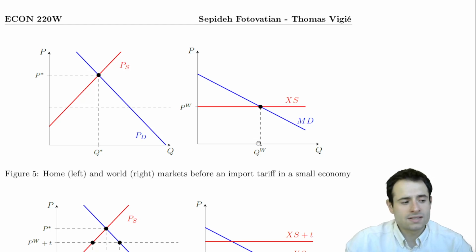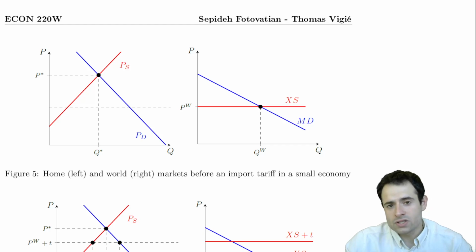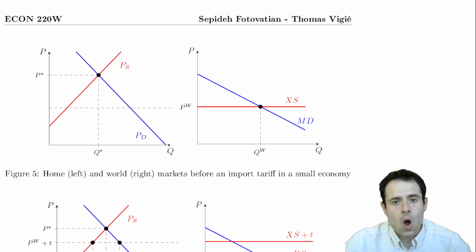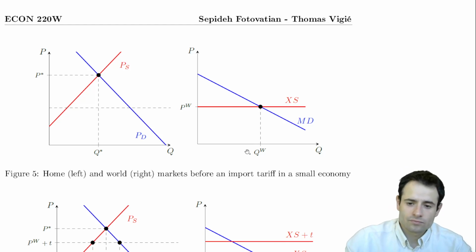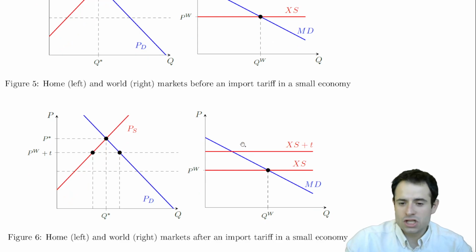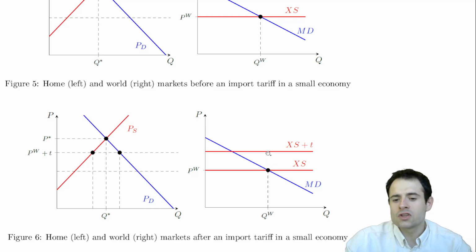Now, let's impose a tariff on imports. So, as said in the lecture, a tariff on imports can also act as a tax on exports. This will shift the export supply curve upwards because now any country that wants to export will have to pay an additional price of T if it is exporting to the home country.